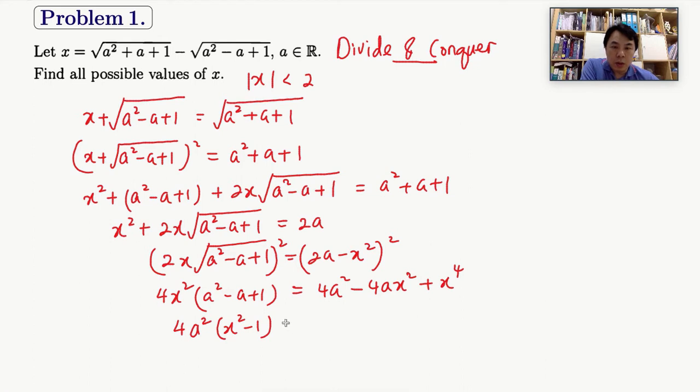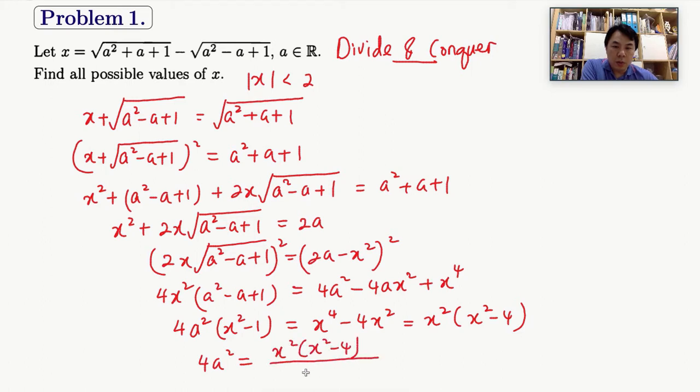Okay, that is gone. And then the other side will be x to the fourth minus 4x squared, which is the same as x squared times x squared minus 4 here. And then finally from here, we can rewrite this as 4a squared is equal to x squared minus 4 divided by x squared minus 1.